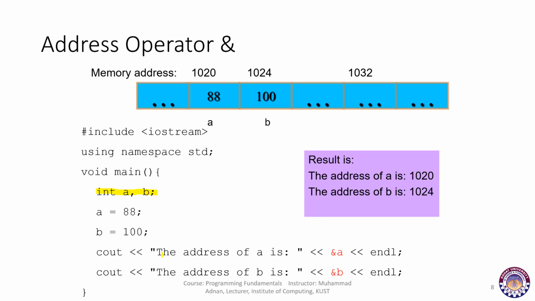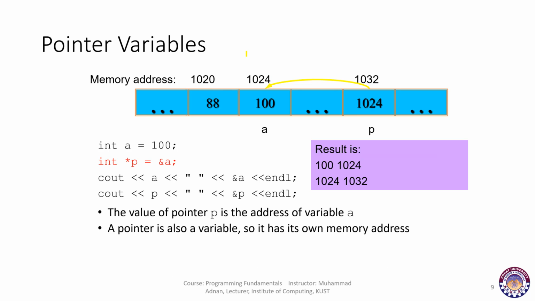If you write the address of a as ampersand a, you will get 1024. The address of a is 1024. But if you write the address of b as ampersand b, you will get 1020. So I think it's very simple now. We already have discussed the address of operator and pointers, but here we are discussing them in more detail.